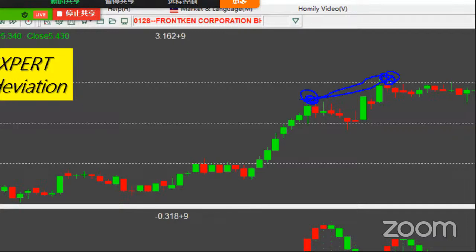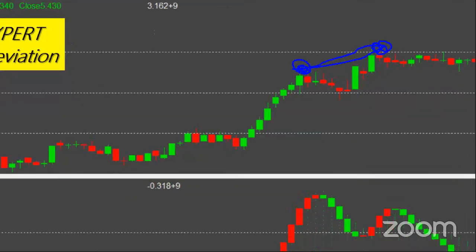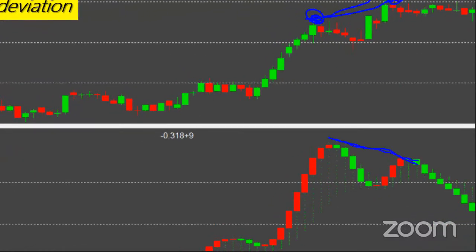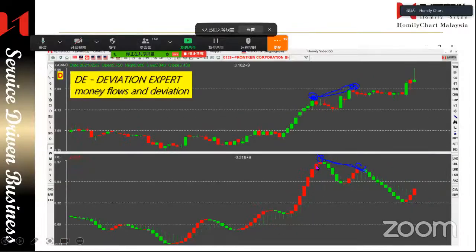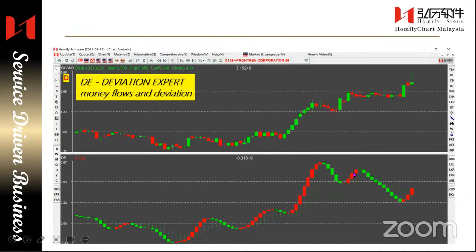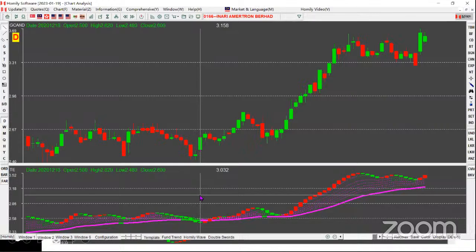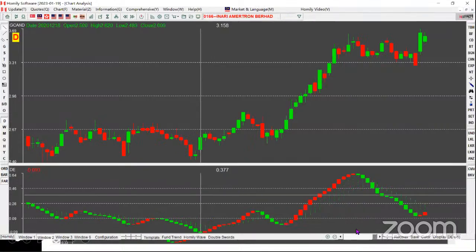The second high is higher than high one. But in the indicator, you see this one's much lower than the previous one. This is called a deviation. It tells you the current trend has risk. Yeah, deviation expert. We open the software, then we change to DE.